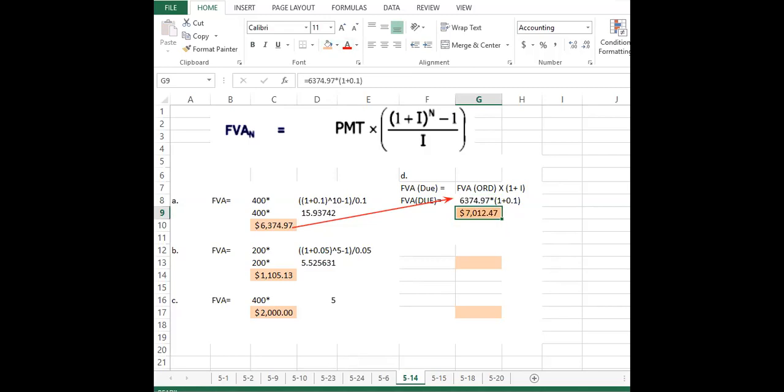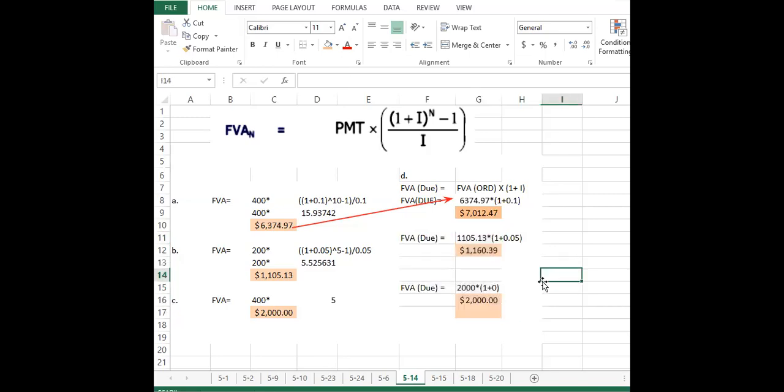Okay, so we use the same procedure for next part. We already have calculated ordinary annuity.